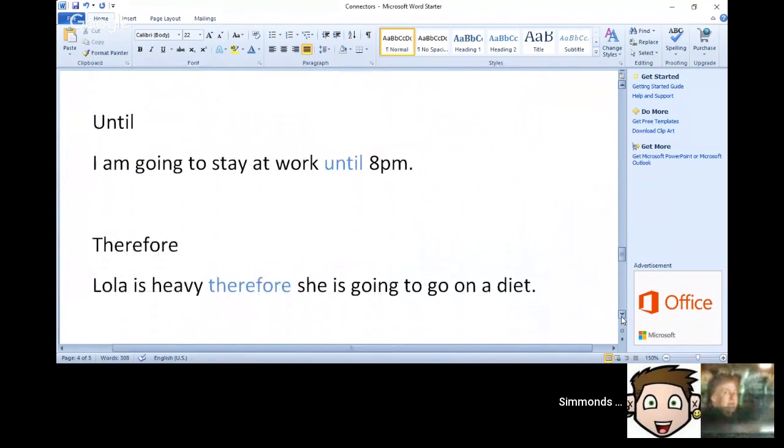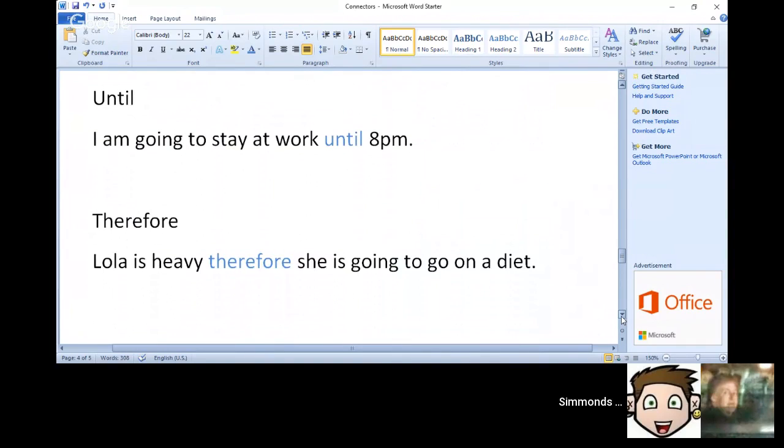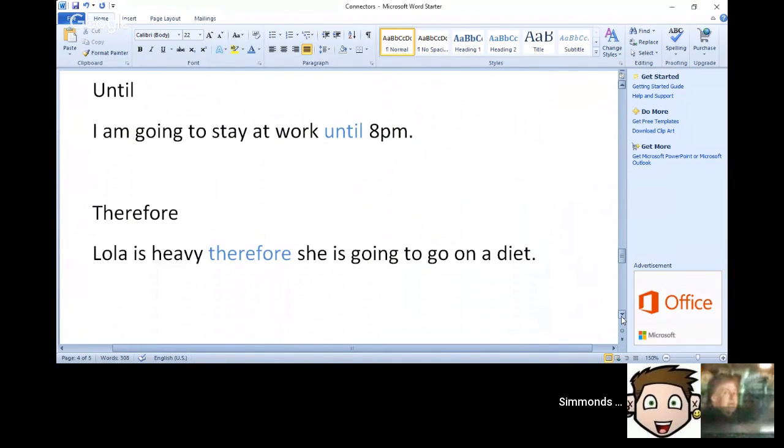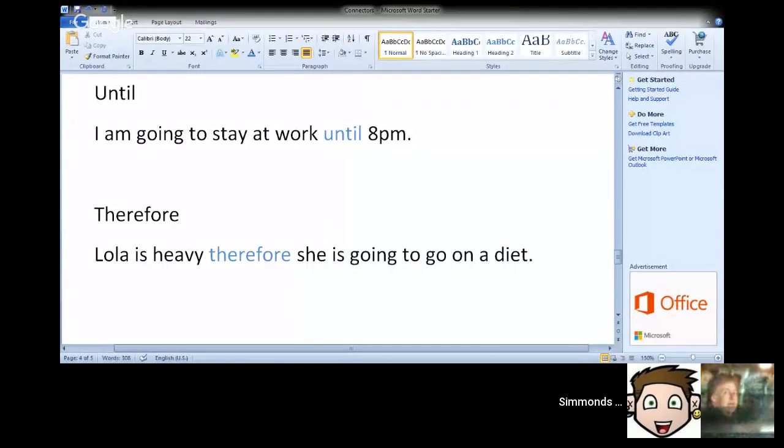Let's look at therefore. This is talking about my cat, okay? Ken, please read this sentence. Therefore, Laura is heavy. Therefore, she's going to go on a diet. In this case, what is heavy? Weight. Yeah, she weighs a lot. That's true.